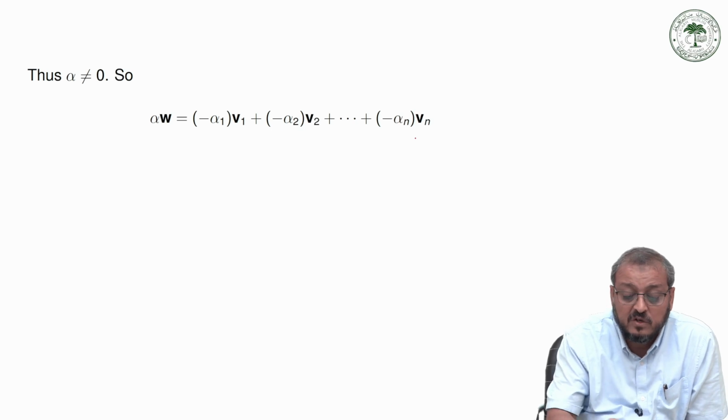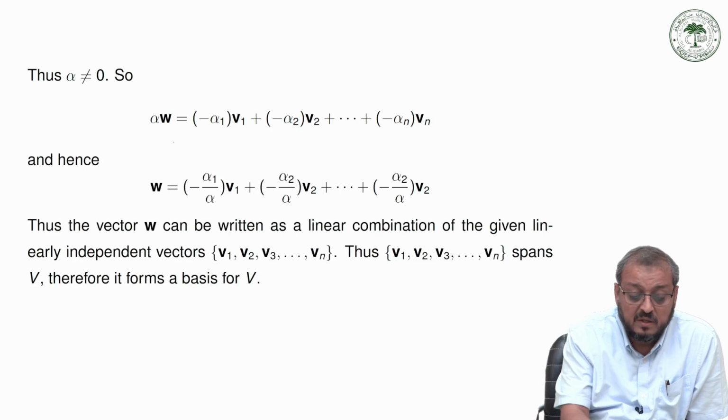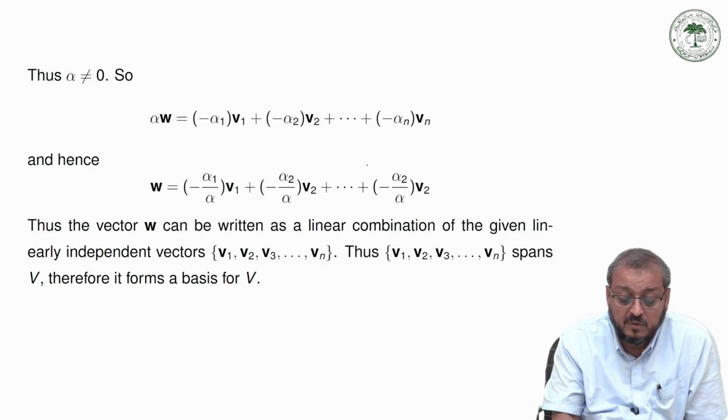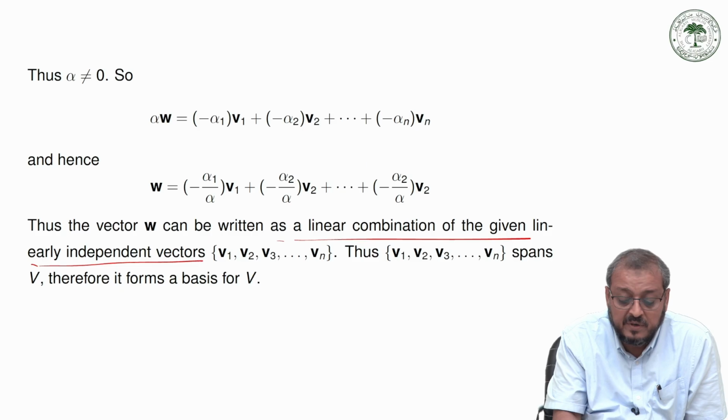So if alpha is not equal to 0, we divide the whole thing, and w can be written in this form, and thus w can be written as a linear combination of the given linearly independent vectors.